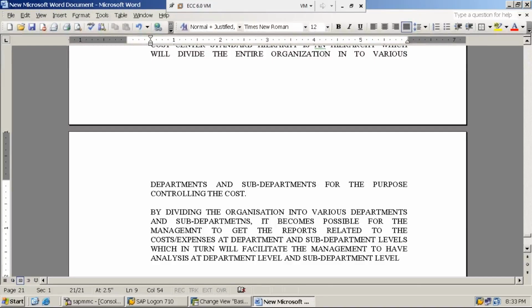Yes. Right, now let's see how to create standard hierarchy. Please take down the path.